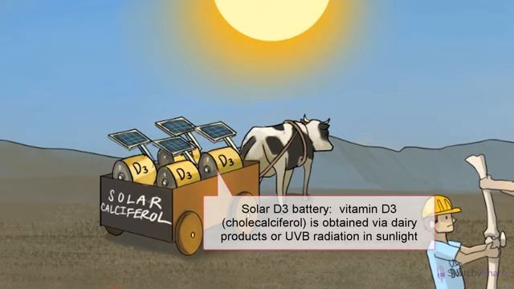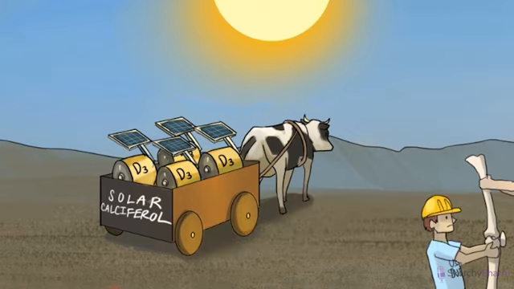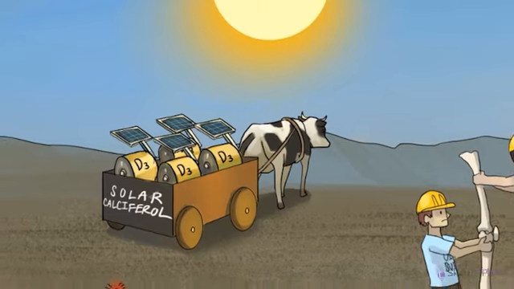Notice that these D3 batteries are powered by the sun. So for cholecalciferol, think solar calciferol. But also notice that the cart is being pulled by a dairy cow to remind you of vitamin D3-rich dairy foods. Just a couple more steps, and this vitamin D3 solar-powered battery will be converted into a fully functioning calcitriol robot.